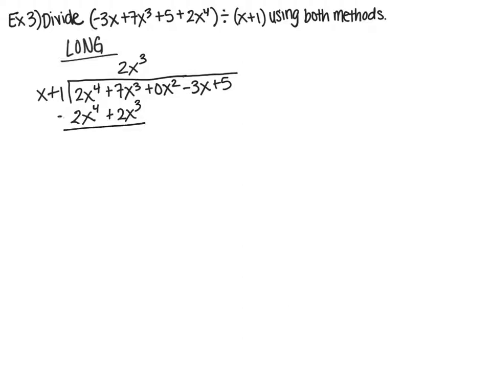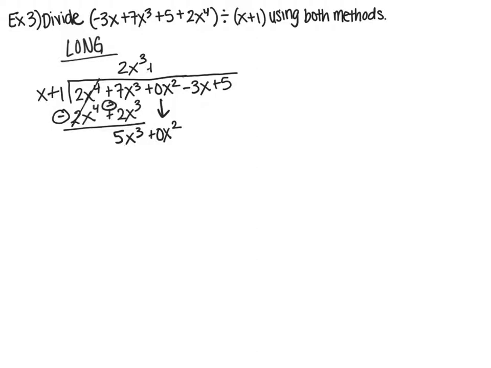Now we want to subtract, so I'm going to change those signs, and 2x to the fourth minus 2x to the fourth will go away, and 7x cubed minus 2x cubed is 5x cubed.